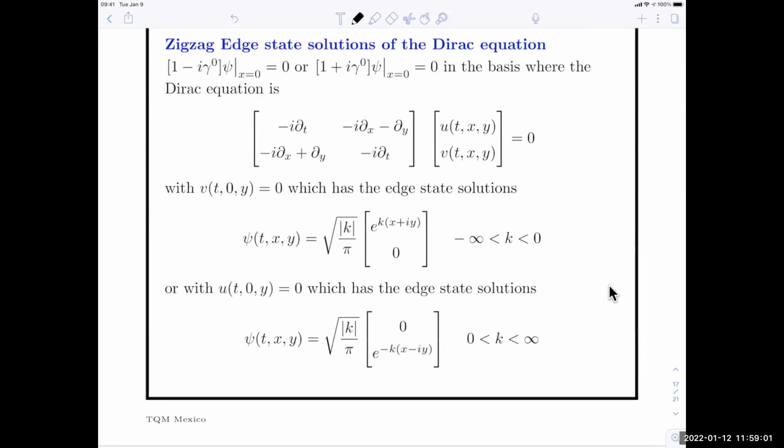And what they look like, I've written on this page. So we go back to the valley and spin polarized case of just one 2-component Dirac fermion for now, with the zigzag edge boundary condition. If we had the 2 valleys, there'd be 2 boundary conditions, one for each valley, which are opposite.